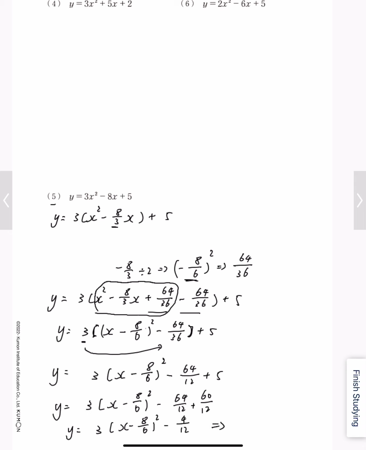Then at the end, you can actually reduce: y equal to 3x minus 4 over 3 to the power of 2 minus 1 over 3. Okay, your answer will be 4 over 3, 1 over 3. That's going to be your vertex.